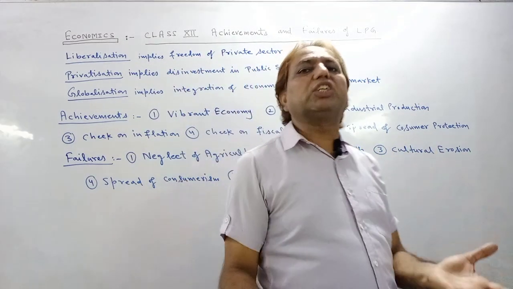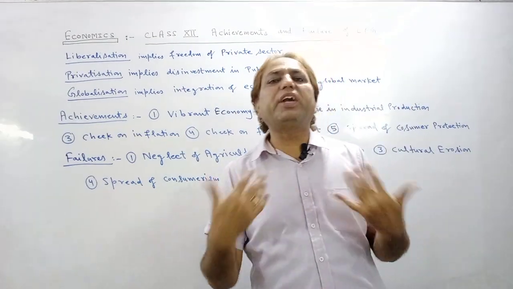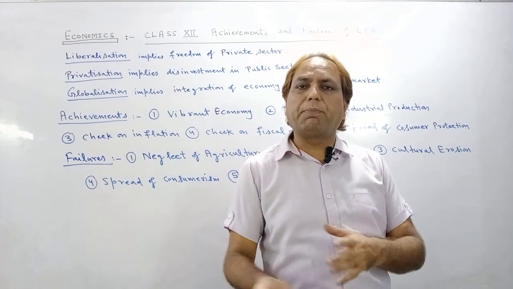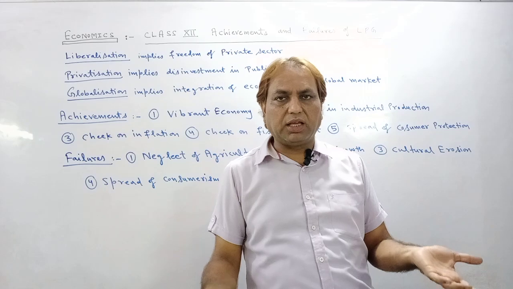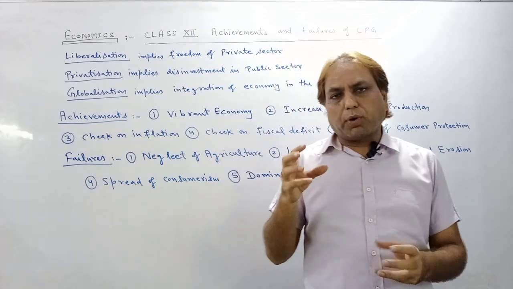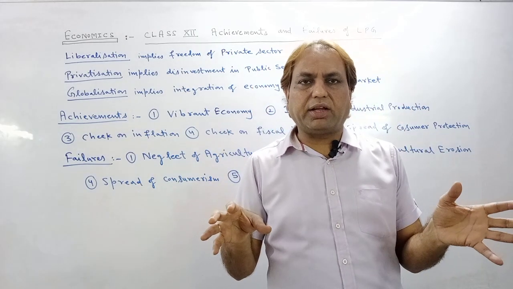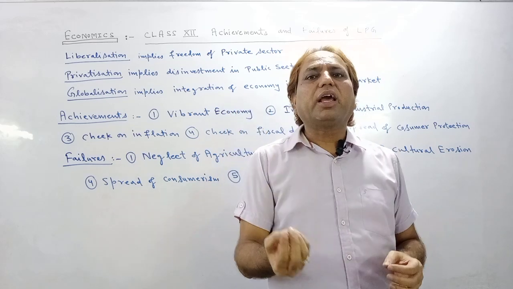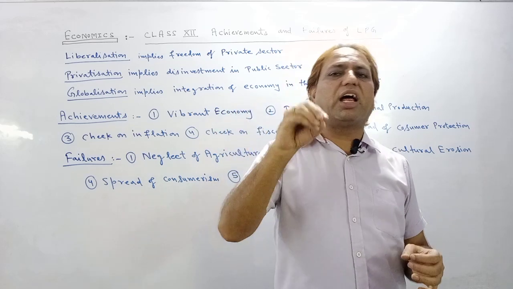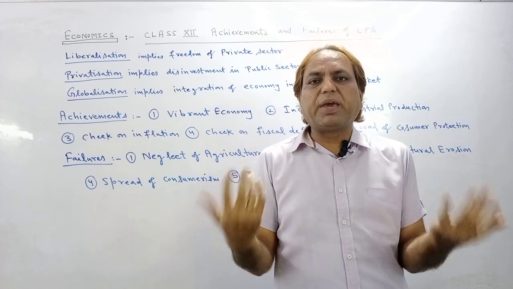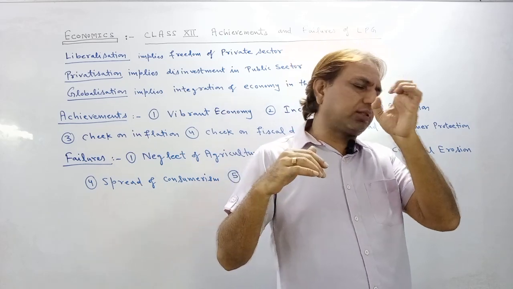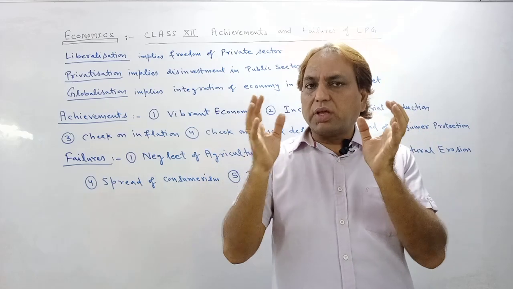The next one is cultural erosion. Under globalization, we gave freedom to foreign multinational companies and foreign direct investment in the economy. It brought an industrialized society, so their culture got involved in our culture. We became materialistic, and so many new things happened in the Indian culture.